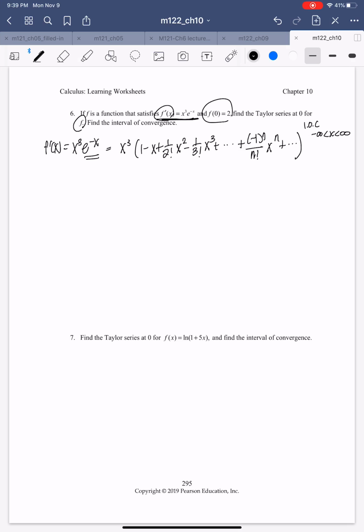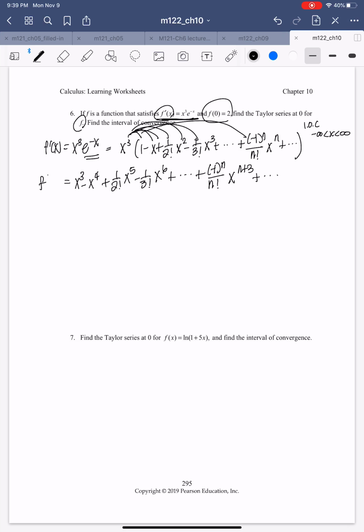All right, I'm going to distribute this because I need to eventually take the antiderivative to come up with f. So my f prime of x will look like x cubed minus x to the fourth, distributing, and then plus 1 over 2 factorial x to the fifth, you gain each x cubed of it, minus 1 over 3 factorial x to the sixth, all the way up to negative 1 to the n over n factorial x^(n+3).